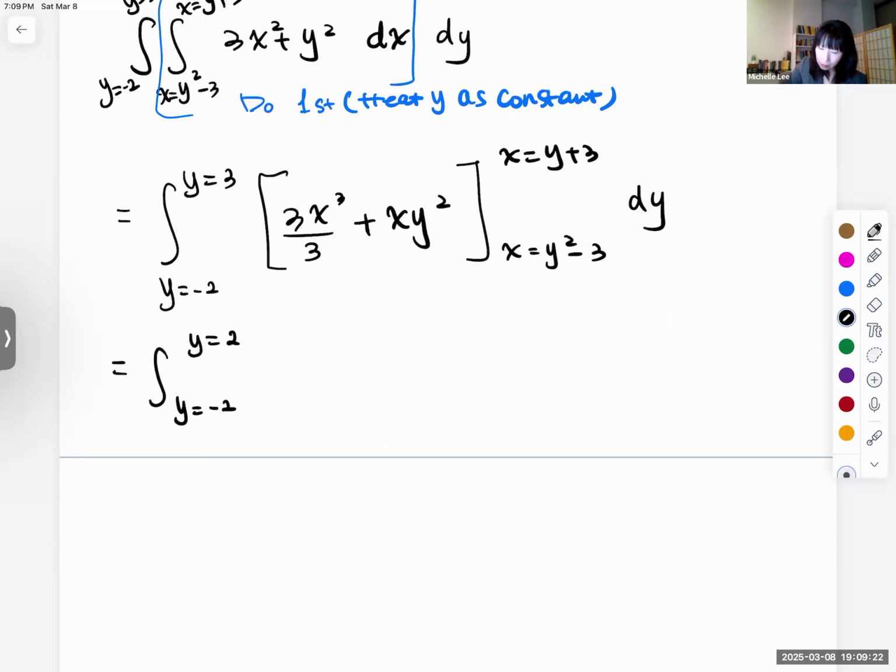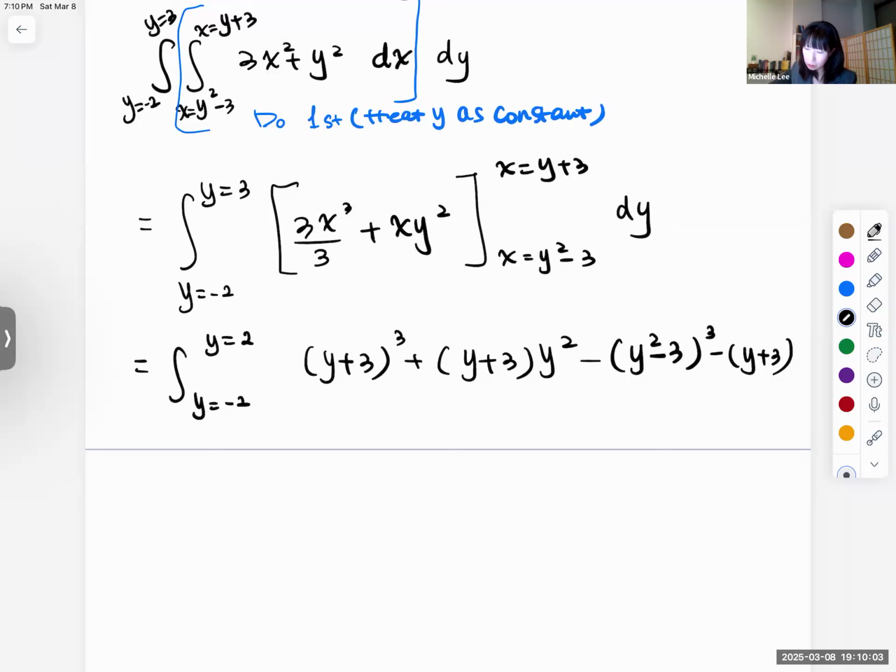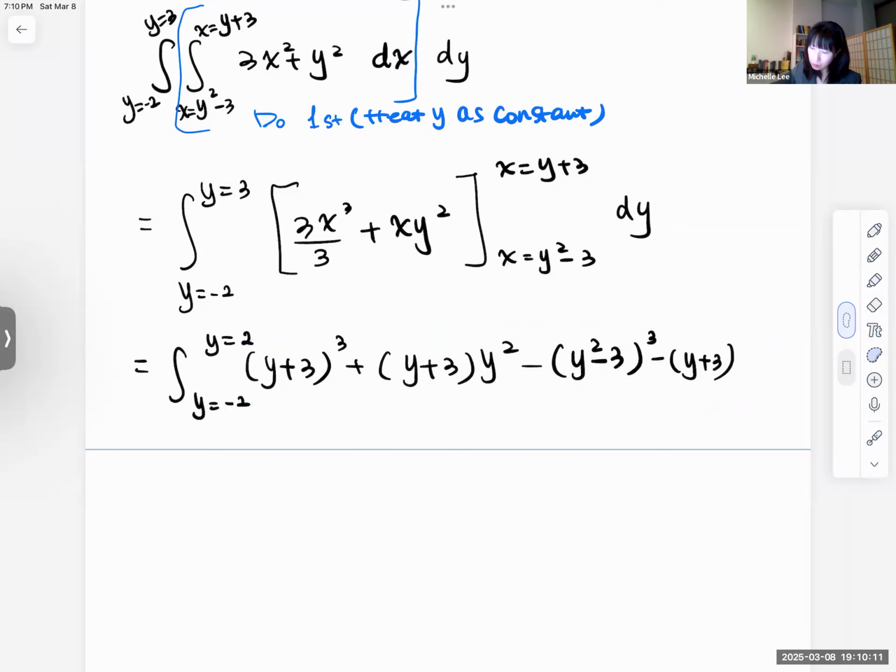So that will be, let's see, (y plus 3) to the third power plus (y plus 3) times y squared, minus (y squared minus 3) to the third power, and minus (y plus 3) times y squared, then dy, yeah?